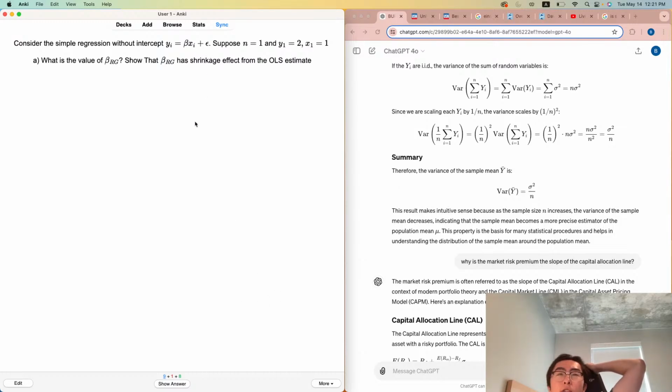So this has a shrinkage effect because as you increase lambda, 2 was the exact same thing as the previous OLS beta, but we shrink it by lambda. So if lambda is greater than 0, that means that our beta ridge value is going to be less than the OLS parameter or the OLS estimate.